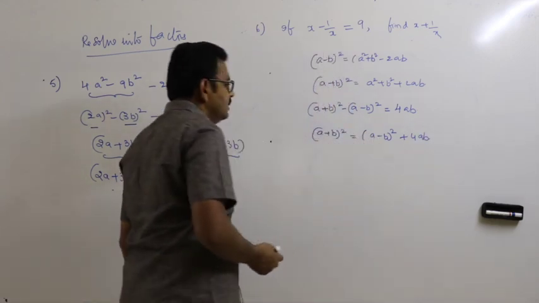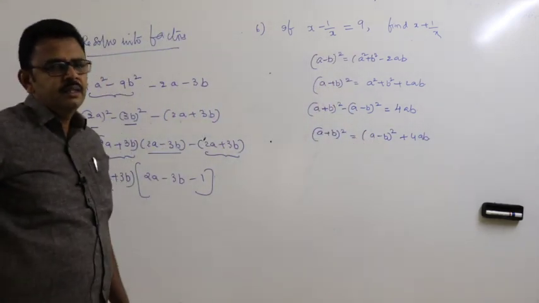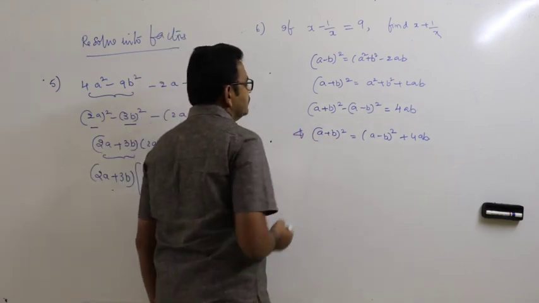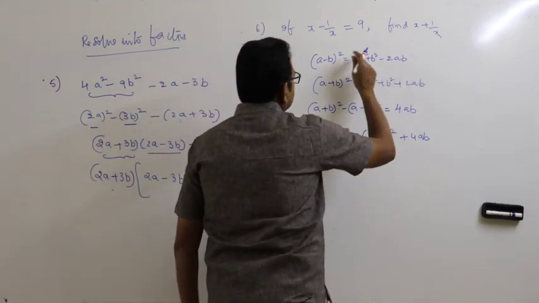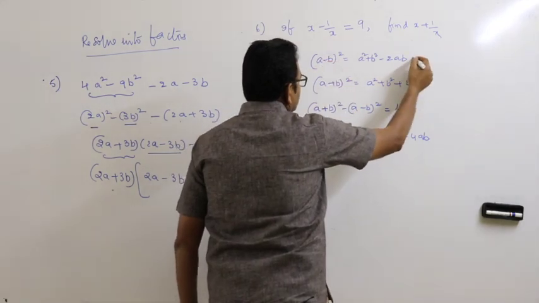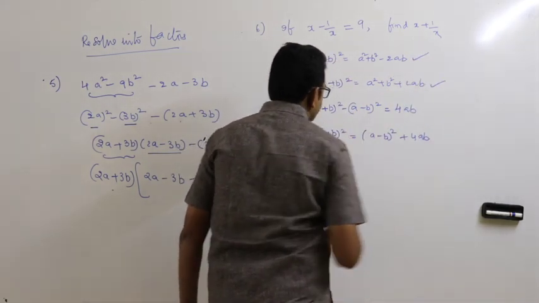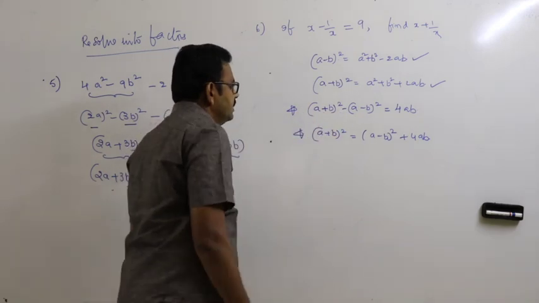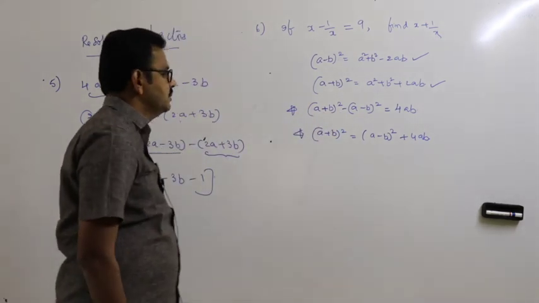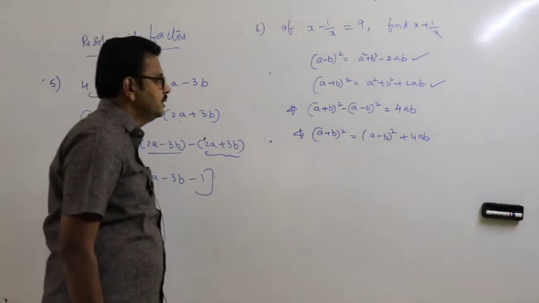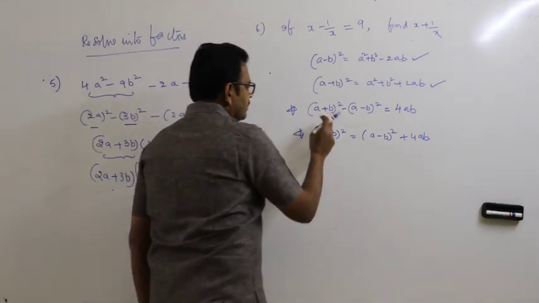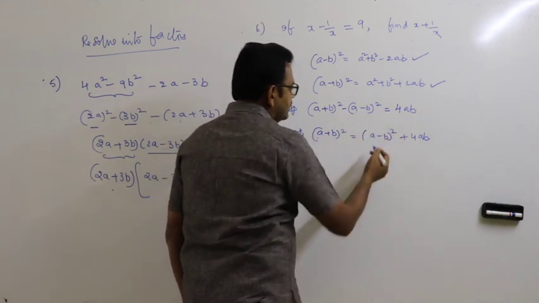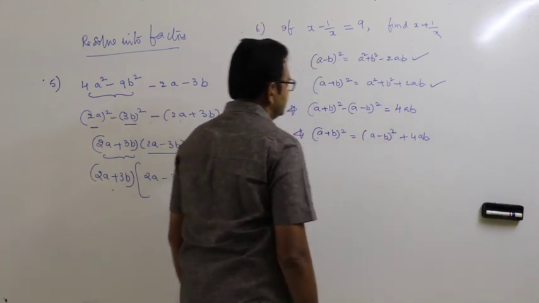So these are all the algebraic identities. a plus b whole square minus a minus b whole square is equal to 4ab. From this, a plus b whole square equals a minus b whole square plus 4ab.